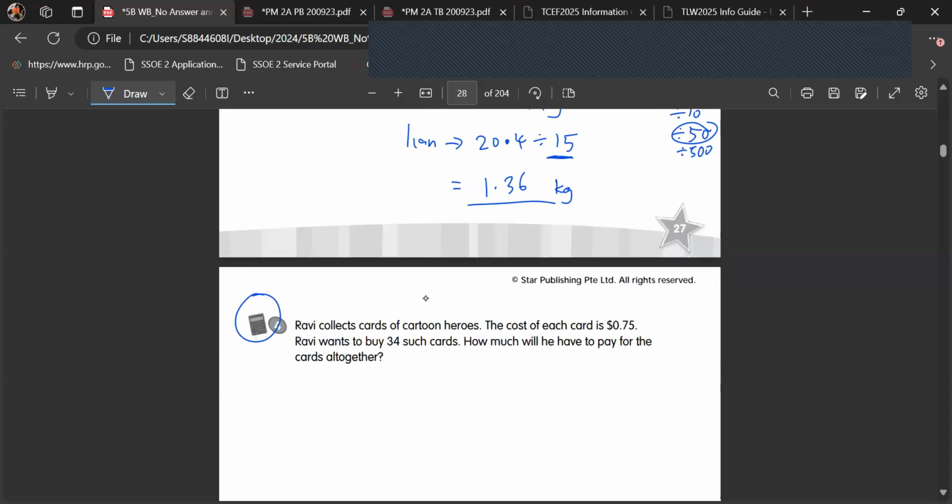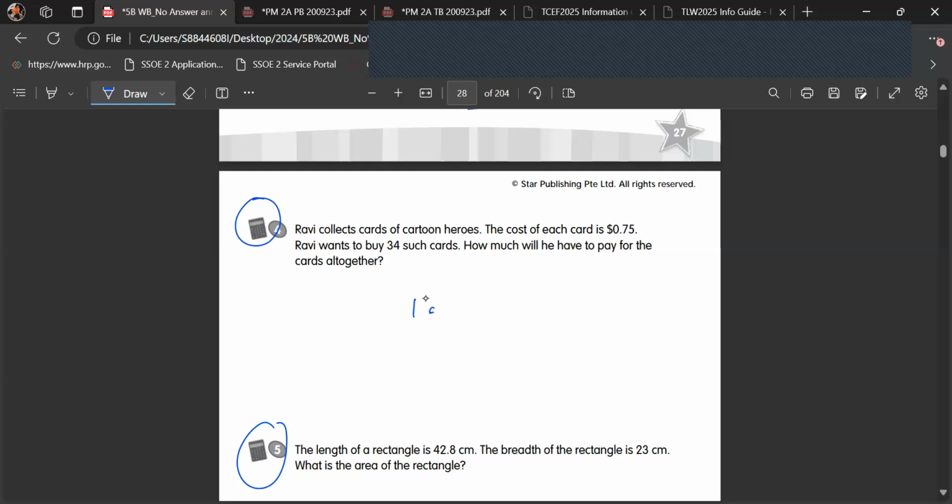One card is 0.75 cents. And just now I said there are 34 cards that Tershi is going to buy. So it's 34 times 0.75. May I ask again, do I need to do the working here? No need.